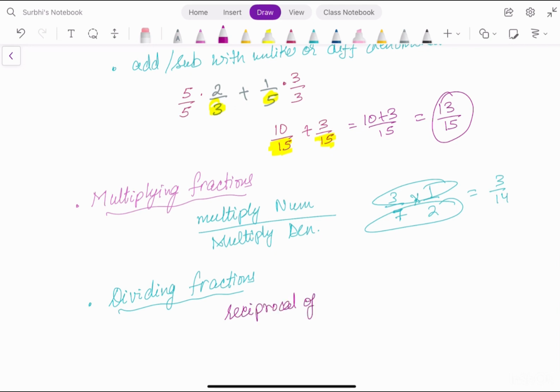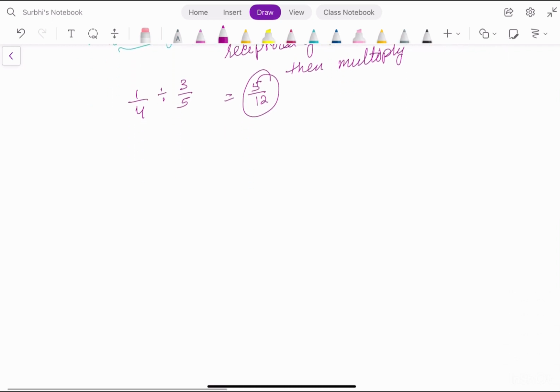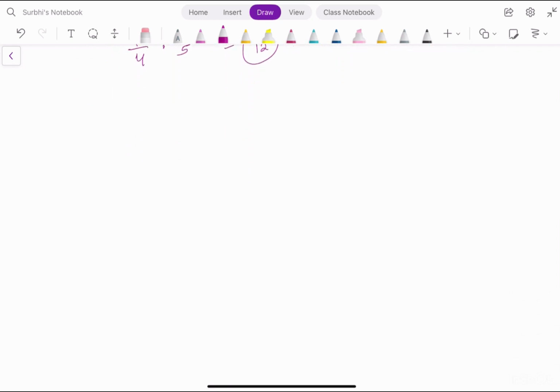Basically, when we are dividing fractions, we take the reciprocal of the second fraction and then continue the problem as if you are multiplying fractions. For example, 1/4 divided by 3/5. The answer will be 5/12. So this is basically the whole operation. With fractions, you need to understand the operations really, really well.